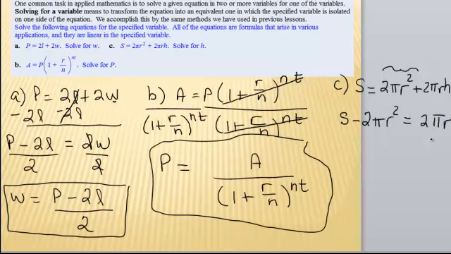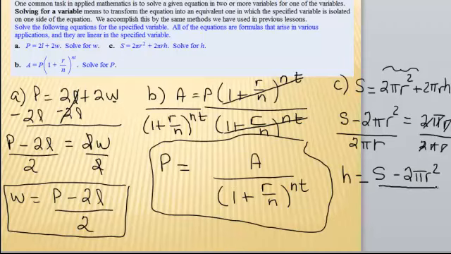Now we still want to get the H by itself, so we need to divide both sides by 2 pi R. The 2 is reduced to 1, the pi is reduced to 1, and the R is reduced to 1. So you're just left with H is equal to S minus 2 pi R squared all over 2 pi R.